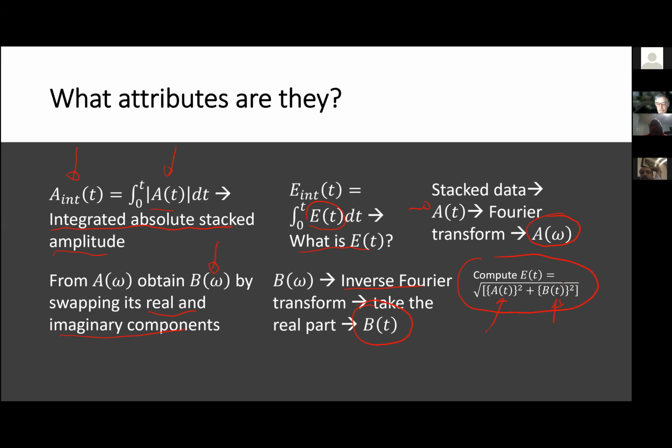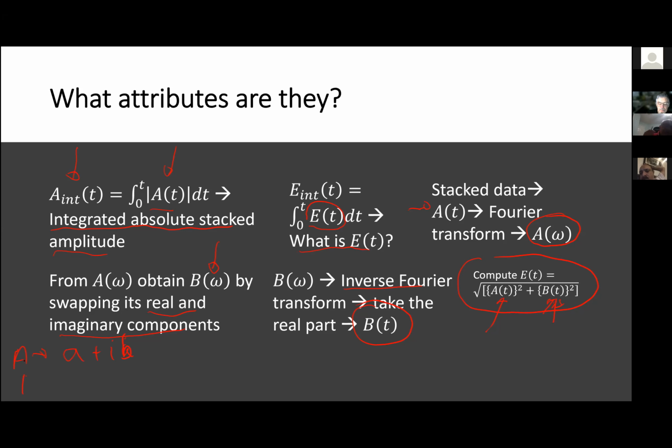So it's kind of an envelope, but not really an envelope, because for the envelope, after the Fourier transform of A of omega, if it is A plus iB, you have to take the Hilbert transform.